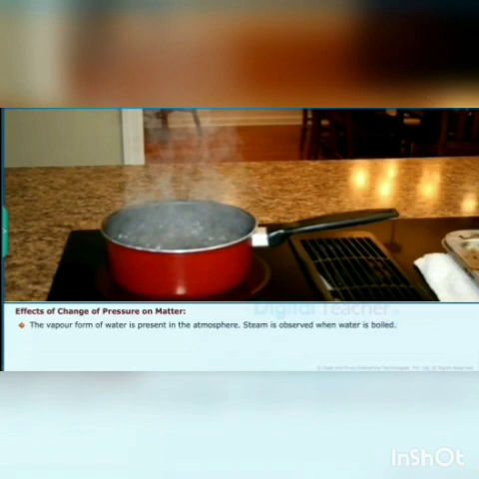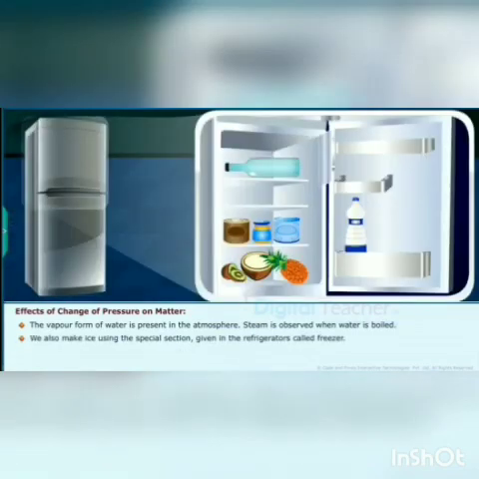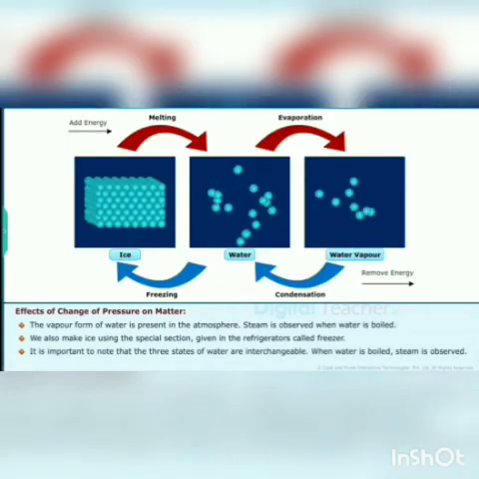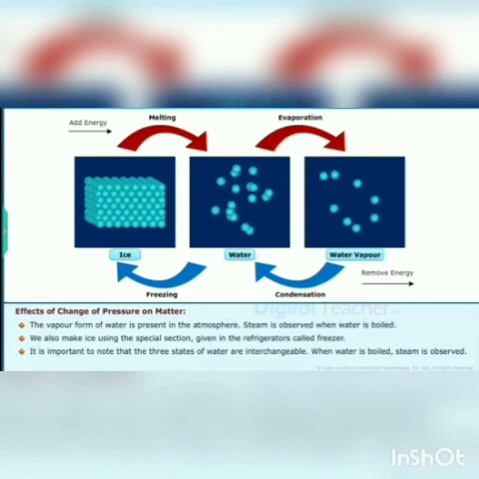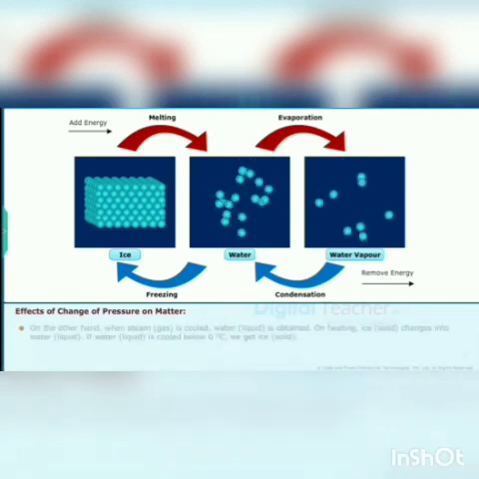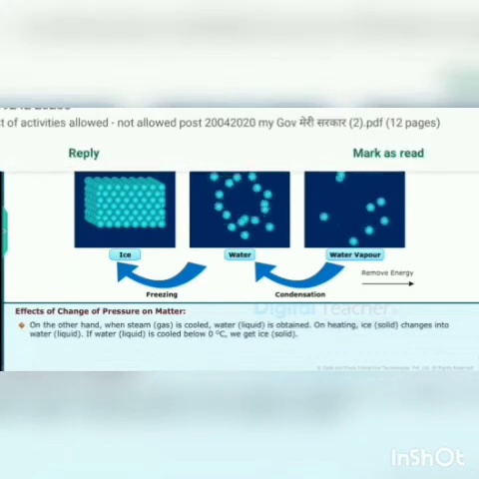Oceans, rivers, and lakes have water in the form of liquid. The vapor from water is present in the atmosphere. Steam is observed when water is boiled. We also make ice using the special sections given in refrigerators.